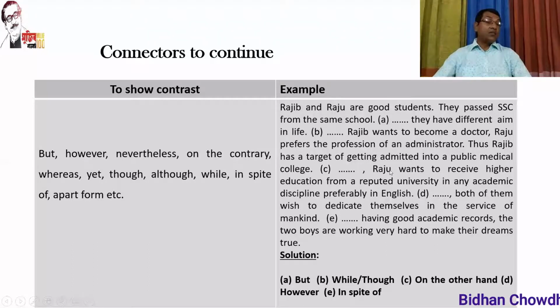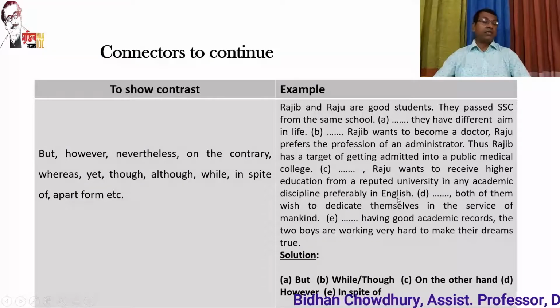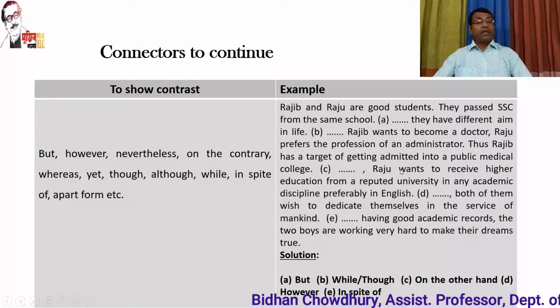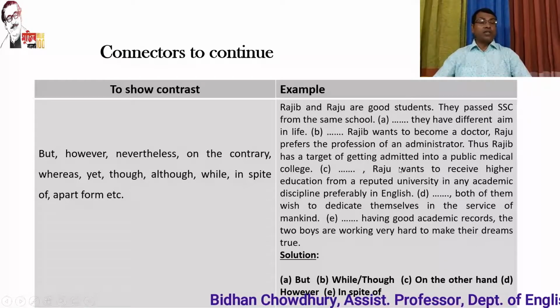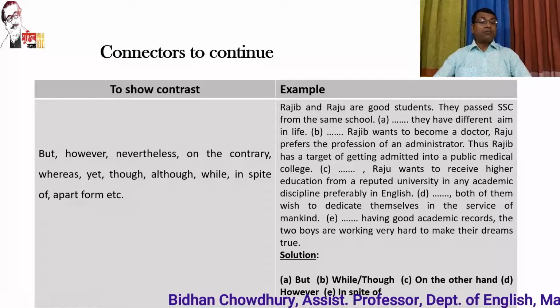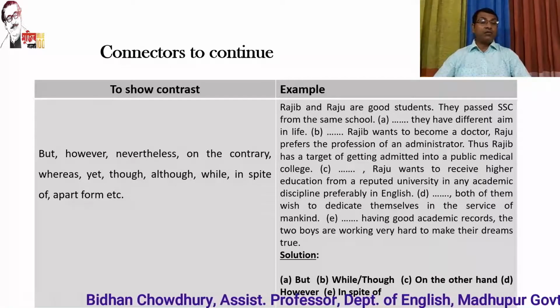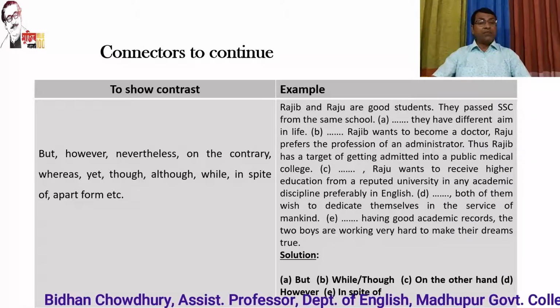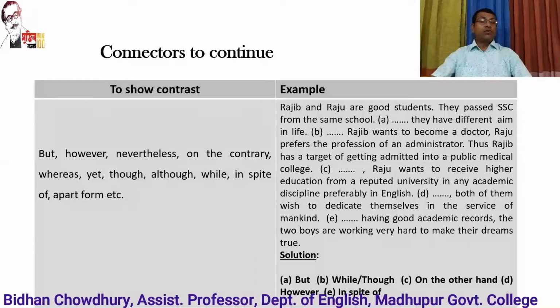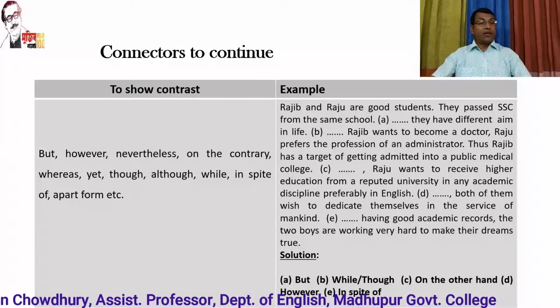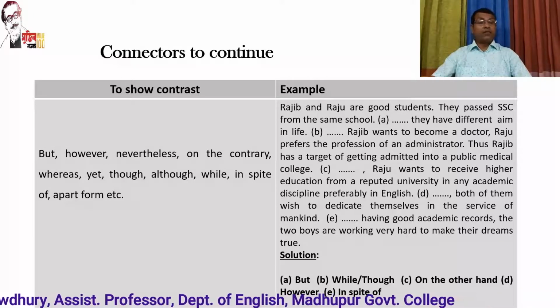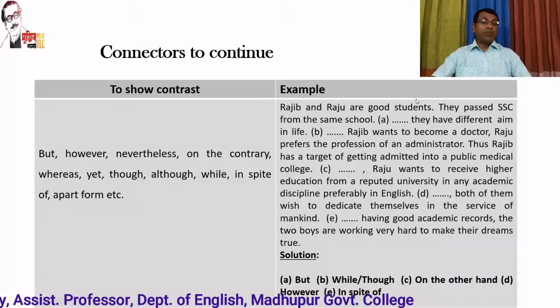And what does Raju want? Raju wants to receive higher education from a reputed university in any academic discipline, preferably in English. So again, there we find a contrast between Rajiv and Raju. One wants to receive higher education in a reputed university, and the other wants to be admitted in a public medical college. It is another contrast between them.